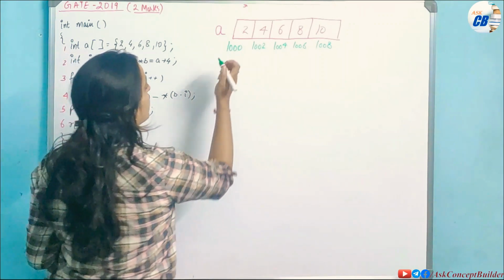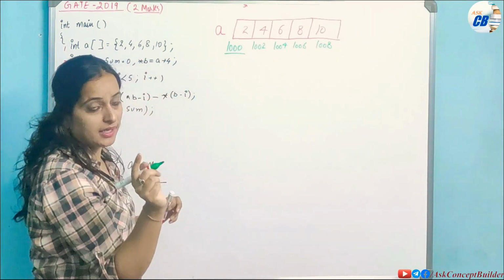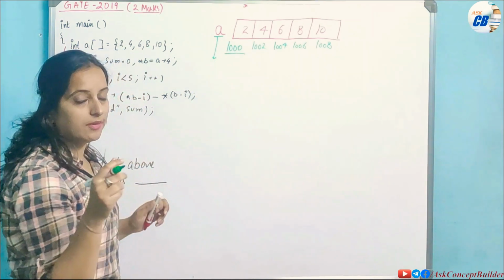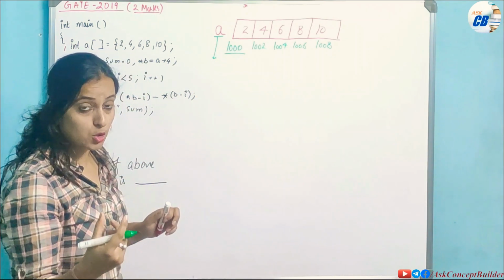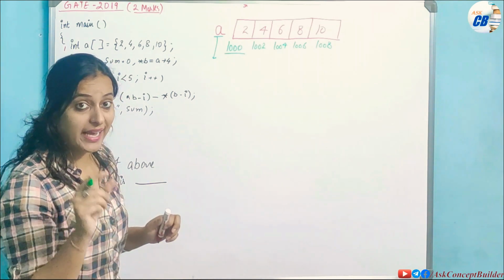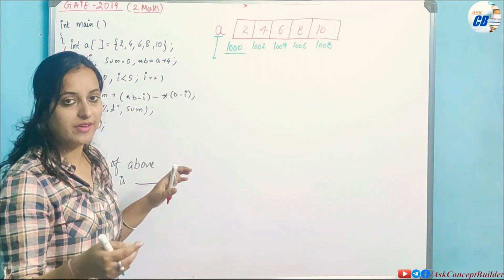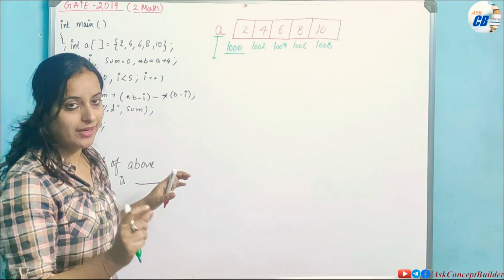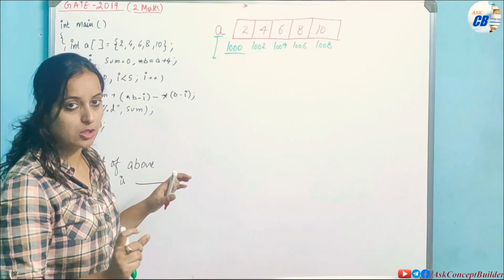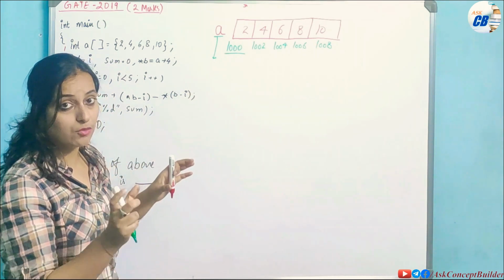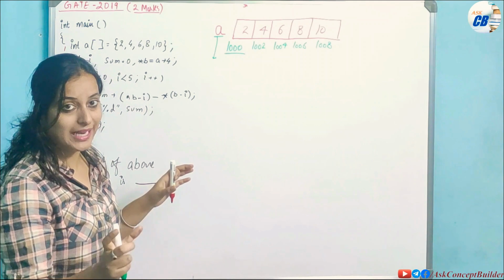Always remember one thing about the address of this array a. Whenever you are given an array a, like we have the address of a variable. Let us suppose if I have int a equals to 5, a will have some address where it is located. Now this array is a collection of that many variables, or elements.